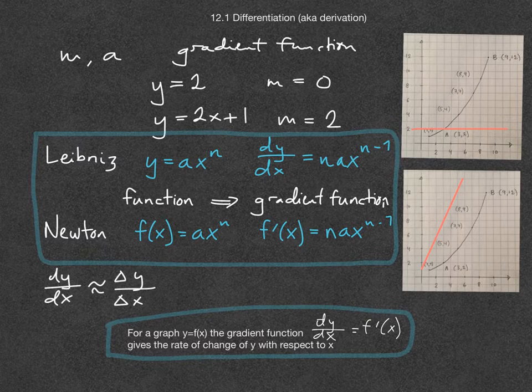Like this. So we're going to have a look at a couple of examples, and we'll start with the two we've just looked at. So if we want to differentiate the function y equals 2, we can do that.